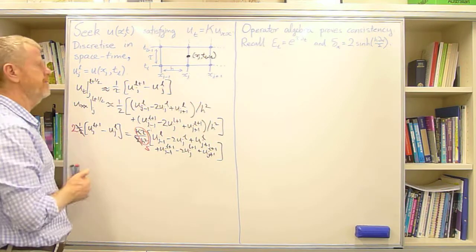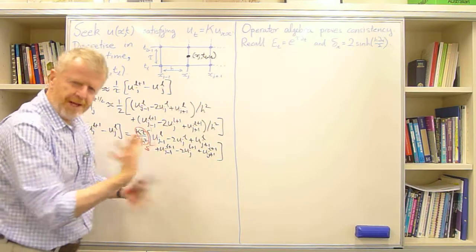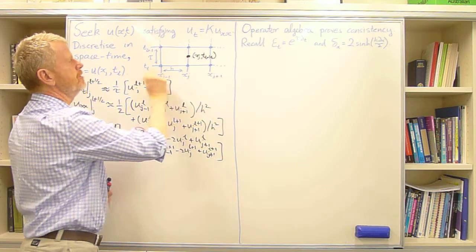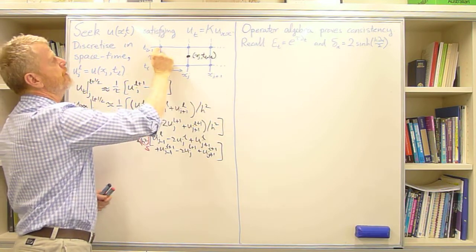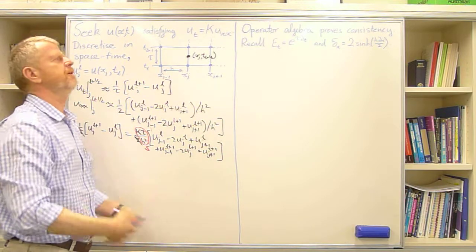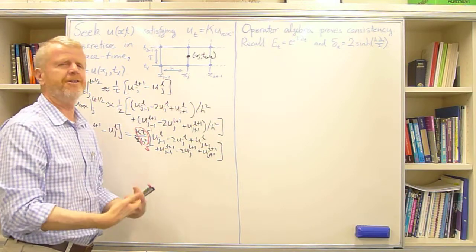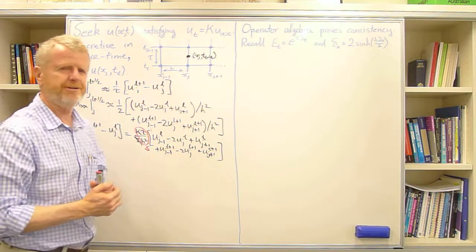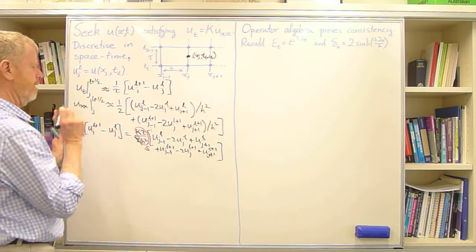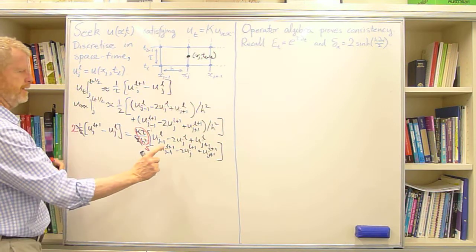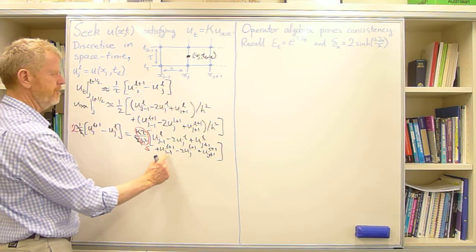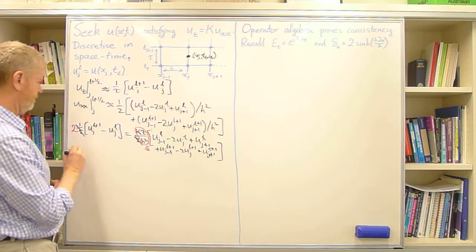Alright, now the next step is, because we march forward in time, we know what the solution is at time L, and we're trying to find the solution at time L plus 1. So we put all the time L plus 1 things that we don't know on the left, and all the time L things on the right. So, where's the time L plus 1? Well, we have s u_(j-1)^(L+1).